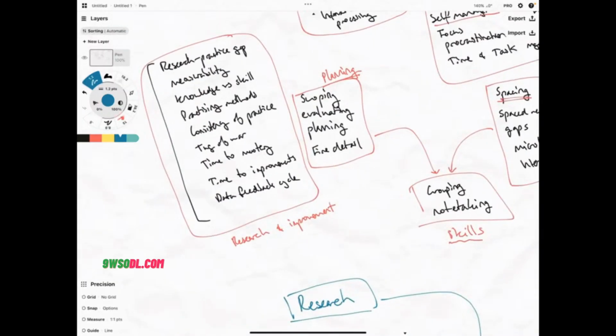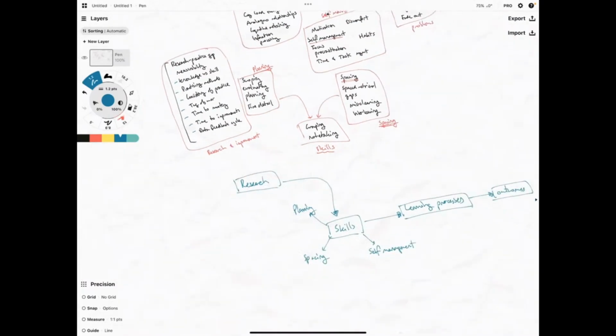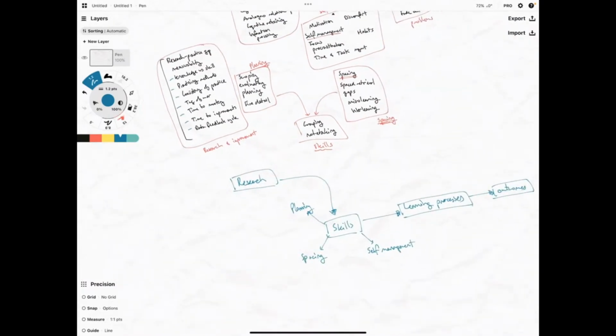I'm thinking, not really, because some of these things, namely these ones here, are not actually to do with the research. This is actually about our ability to practice it and develop the right skills.